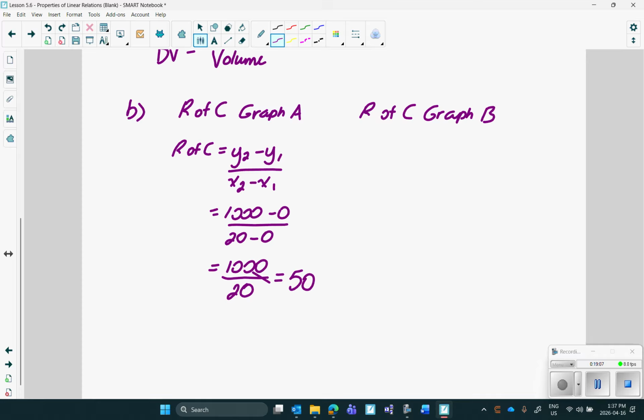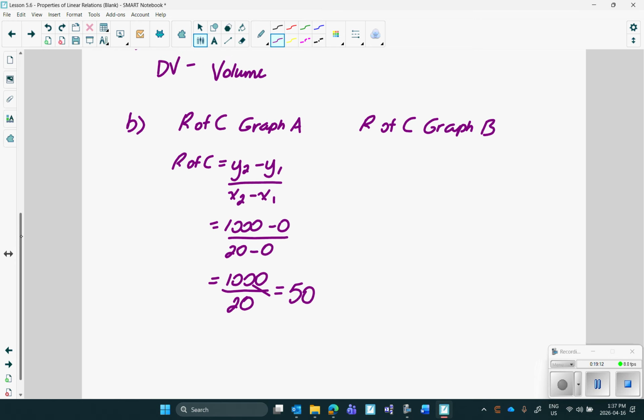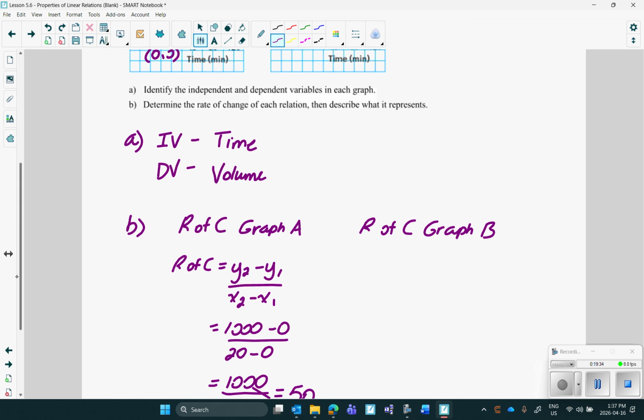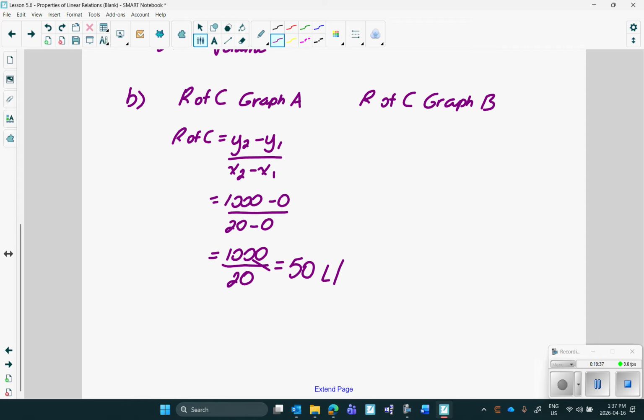What are the units? 50 what? Liters per minute, right? What are the units for rate of change? It's always the dependent variable over the independent. So what's the dependent? Liters. So it's liters per minute. That means that the tank is filling at 50 liters per minute.